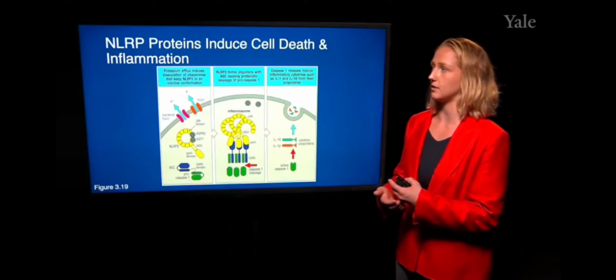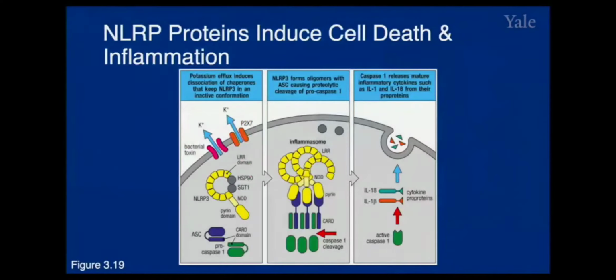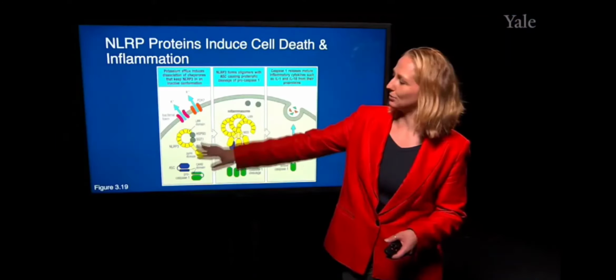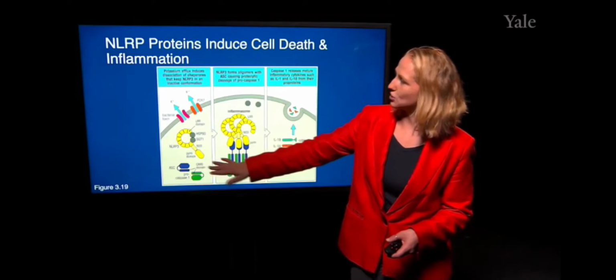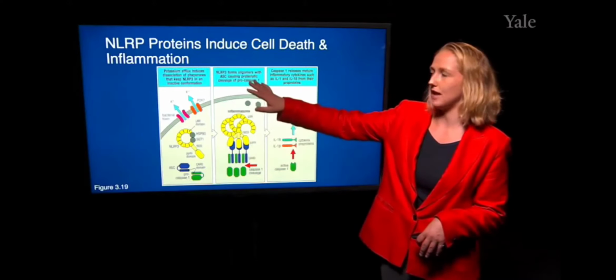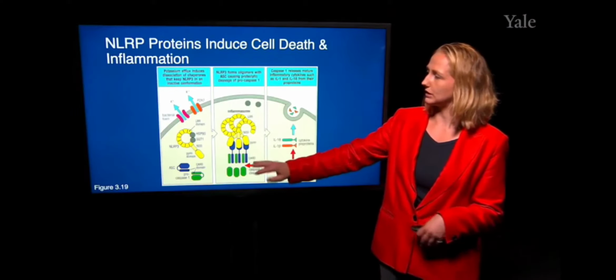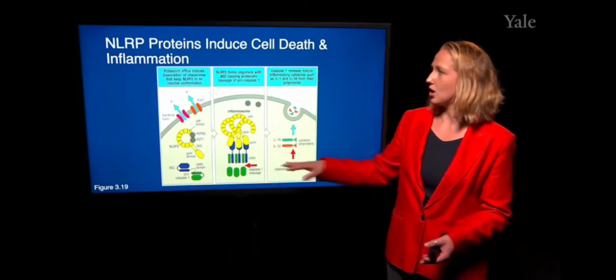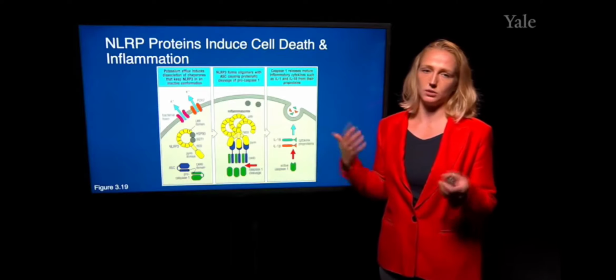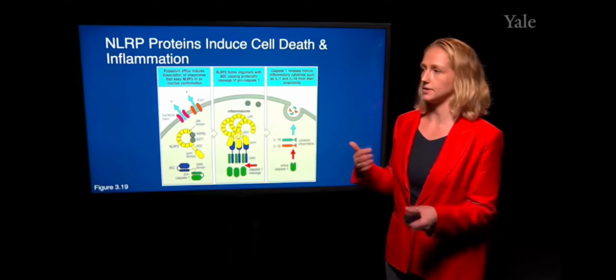So here what happens is that NLRP3, which is a subfamily member of the NOD-like receptors, is activated, which leads to the formation of NLRP3 oligomers, which leads to the proteolytic cleavage of procaspase-1, which releases not only pro-inflammatory cytokines, but also leads to induction of cell death.